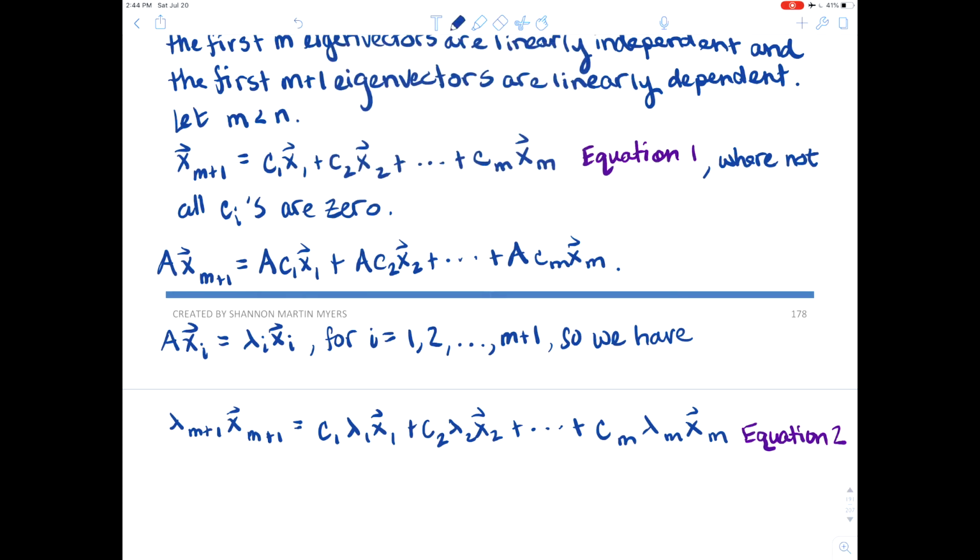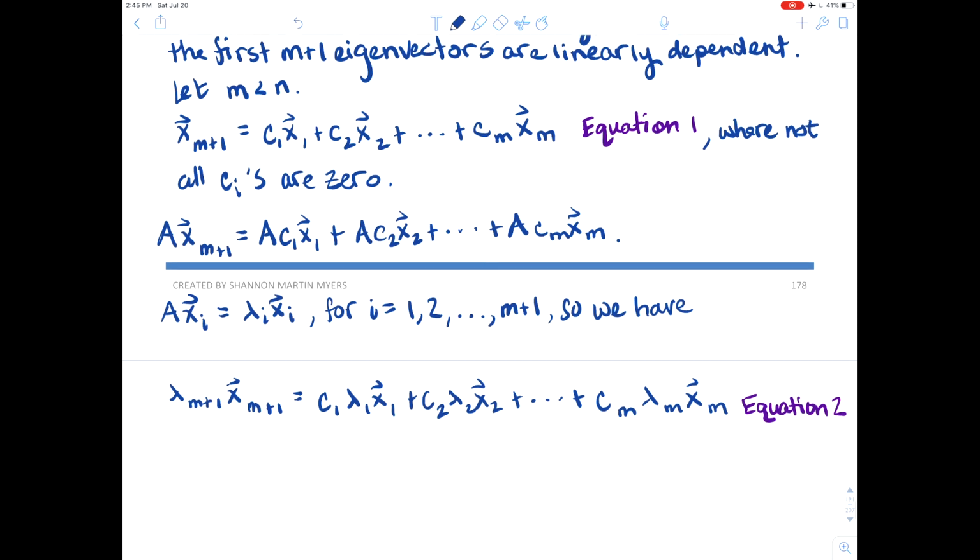All right, the next step we're going to do is multiply equation 1 by lambda m plus 1. All right? So what are we going to get?